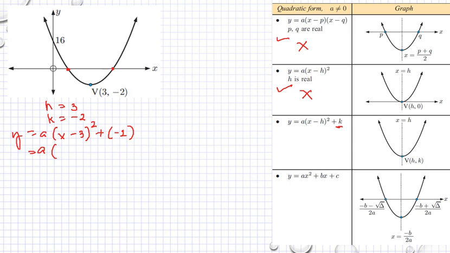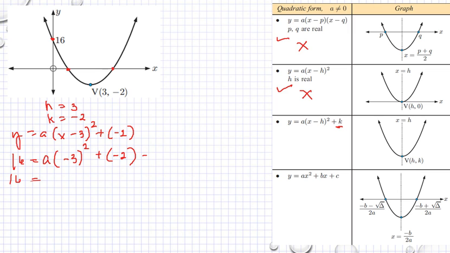If we want to look for a, then we substitute the value of y. This point is a very good one. Then we have 16 equals a multiplied by, that's 0, so we have (0 minus 3) squared plus -2. Then we have 16.